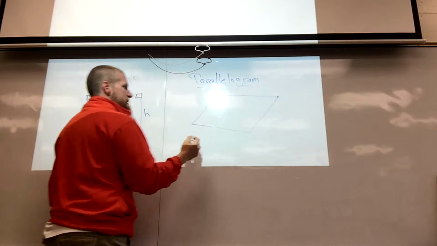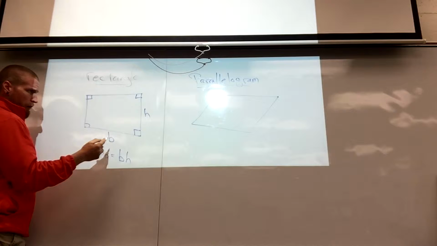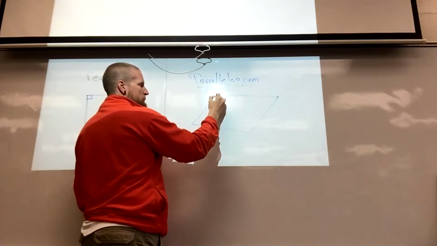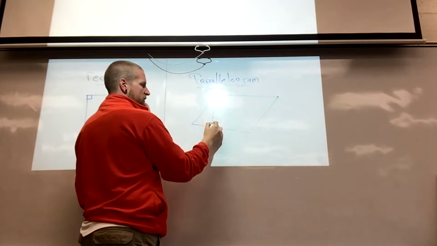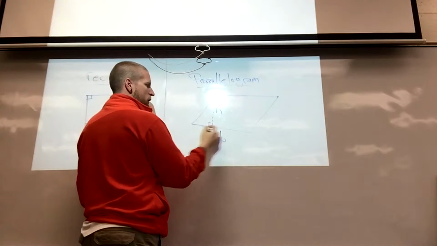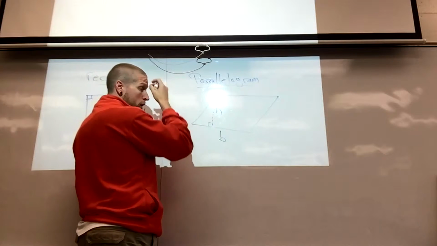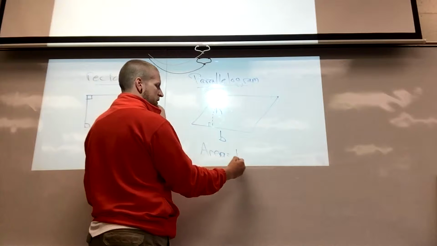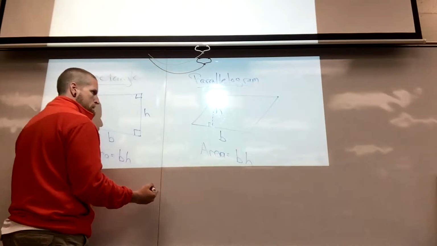The difference here is when you see the height on parallelograms, they'll have to give you some kind of measurement inside of it for the height, and the base will just be whatever side this is connected to. Your area formula for parallelograms is still just base times height.